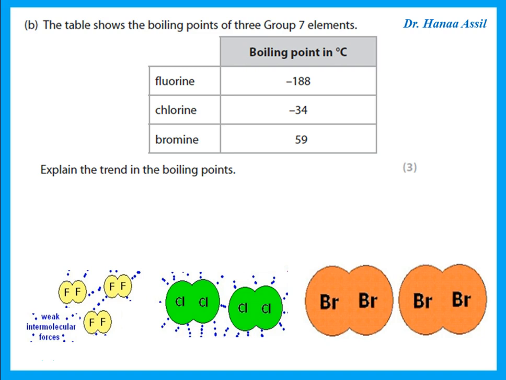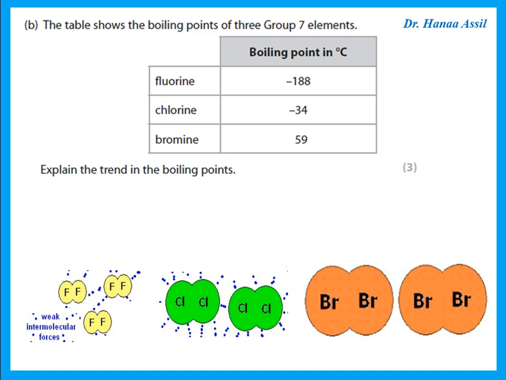Now, why is it increasing? You should realize that these are covalent molecules. So they have weak attraction forces between molecules. If he's asking why the boiling point is low for any of them, it's because there are weak attraction forces between the molecules. Then why does bromine have a higher boiling point than fluorine, for example?